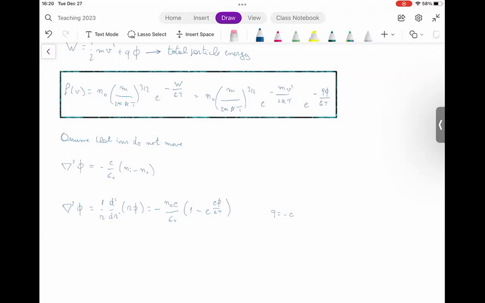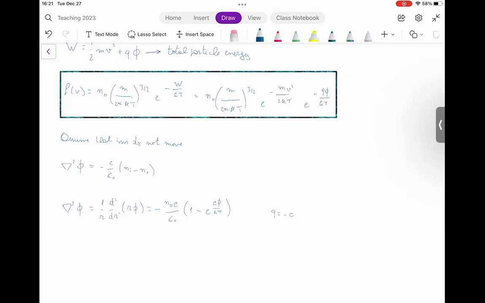I'm going to assume that the electric potential is small. I'll never be tired of stressing this point in physics. When I say that something is big or small, I need to specify with respect to what, otherwise the statement has no meaning.